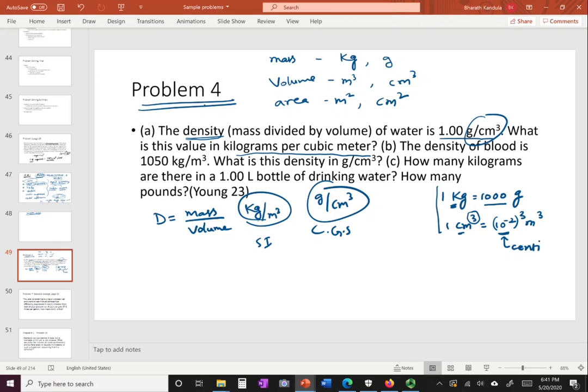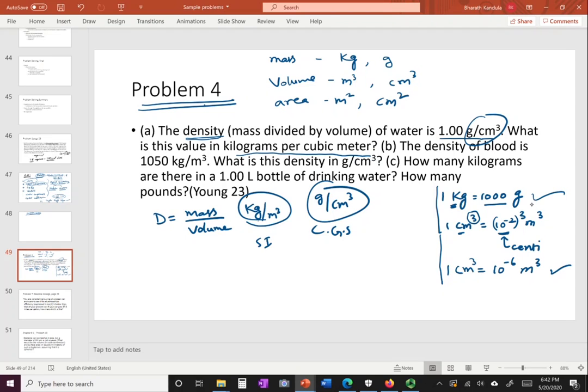Now you can write this using the power rule: 10 to the power negative 2 whole to the power 3. So 2 times 3 is 6. So this is 10 to the negative 6 cubic meters. Understand? So 1 cubic centimeter is always equal to 10 to the power negative 6 cubic meter.